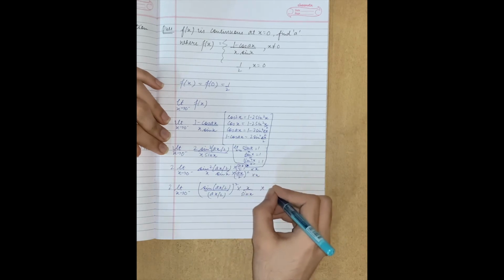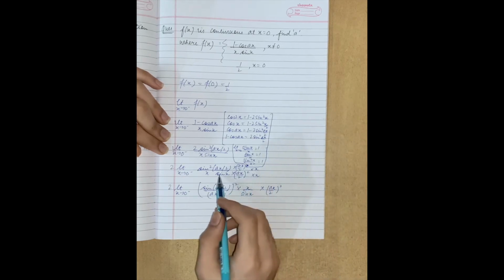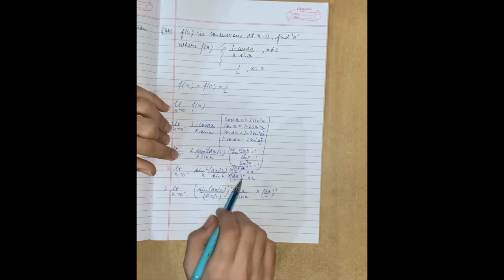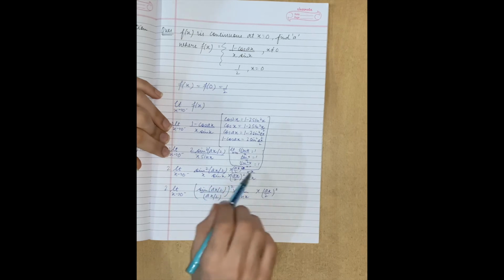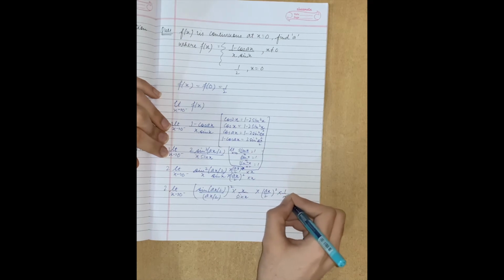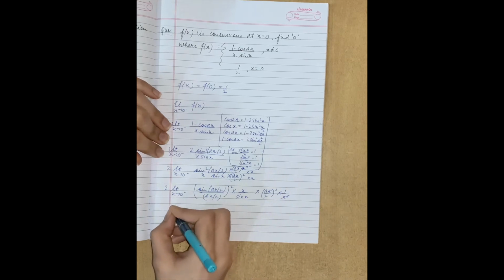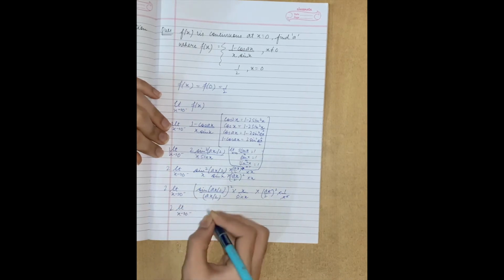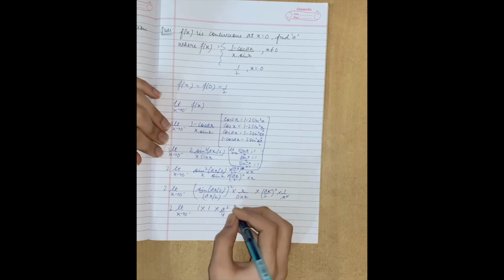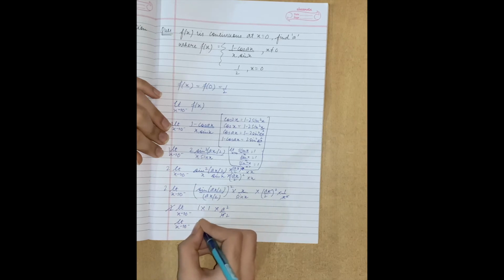We are left with (ax upon 2) whole square, and we have x square, 1 upon x square. So this will be cancelled out with this. So we will be left with 2 limit x approaches 0 negative of 1 into 1 into a square upon 4. We will be left with a square by 2.